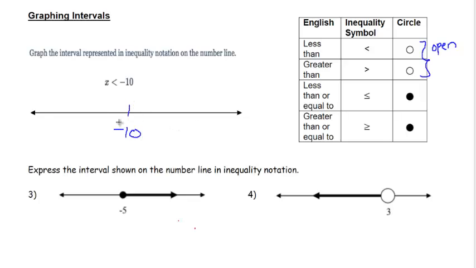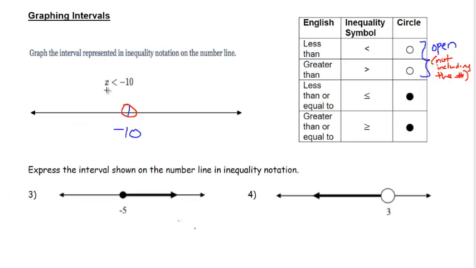So I'm going to put the -10 on the number line, and it's going to get an open circle. What that means is that it is not including the number. Open, not including. Okay, I will come back to these in a moment.